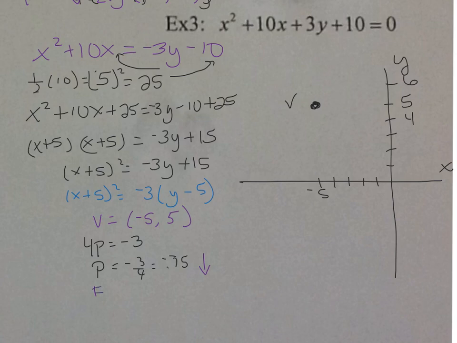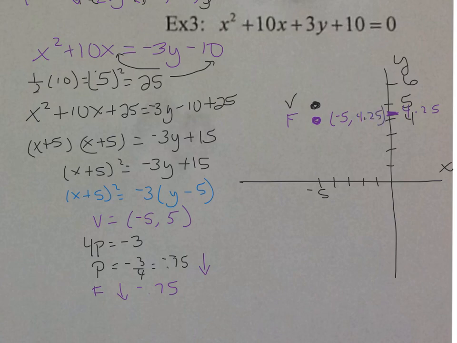So if I'm at 5 and I'm going down 0.75, that's going to put me right here at 4.25. My focus will be negative 5, comma, 4.25. All right, so that's my focus.